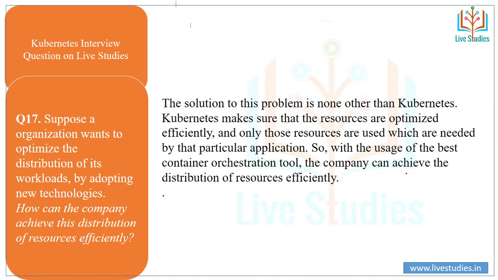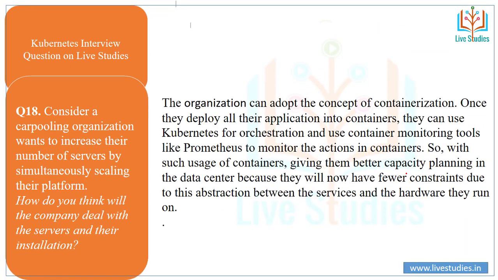Another question: consider a carpooling organization that wants to increase its number of servers by simultaneously scaling its platform. The question is, how do you think the company will deal with the server and the installation? The organization can adopt the concept of containerization.